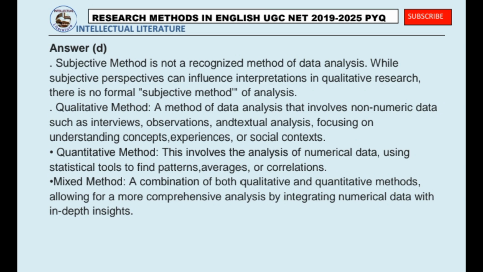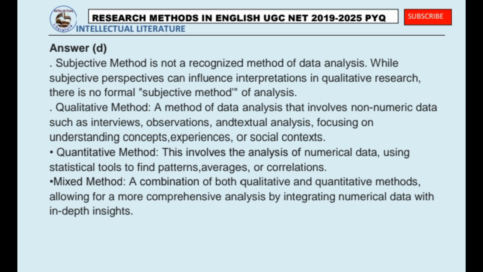Now we see why other options are correct. Qualitative method is a method of data analysis that involves non-numeric data, because it is quality, such as interviews, observations and textual analysis, focusing on understanding concepts, experience or social context.